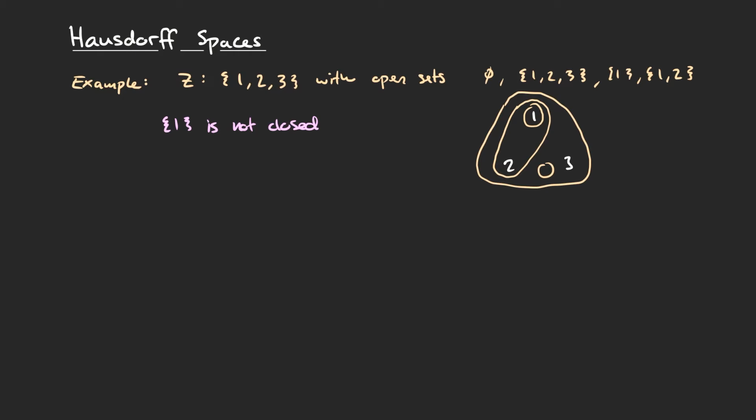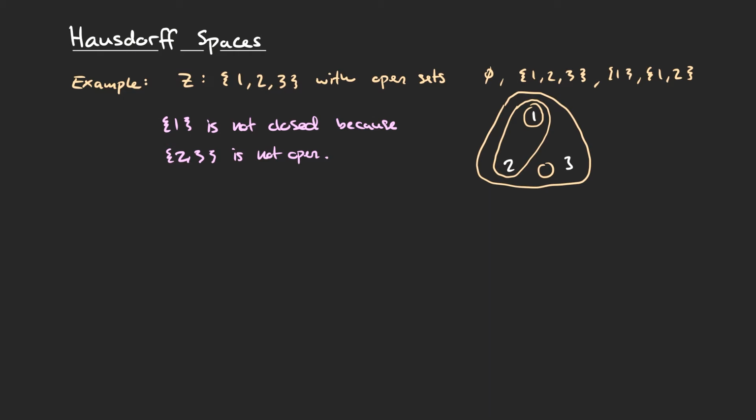But in our case, the complement of the singleton containing 1 is a set containing the points 2 and 3, which we didn't include in our list of open sets. Hence, the singleton 1 is not closed because the set 2, 3 is not open.